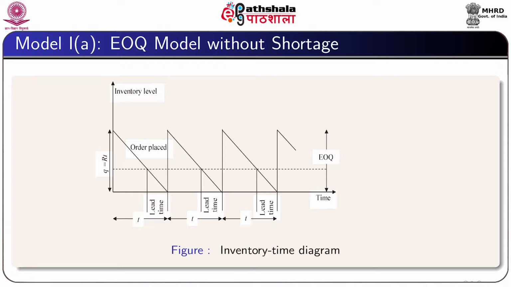Then the inventory level comes down to 0 by the time the next order arrives. So, the same cycle is repeated over time again and again.